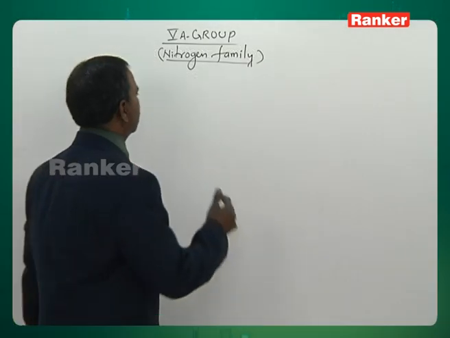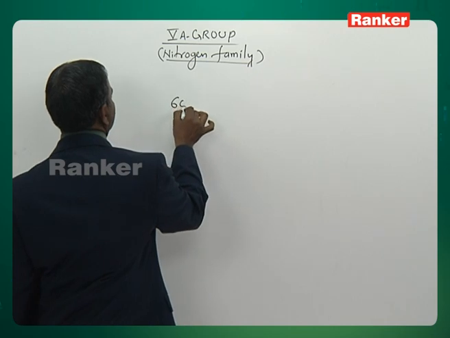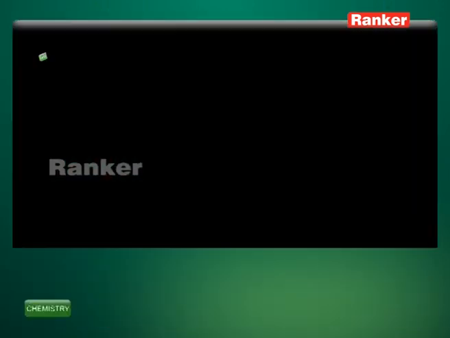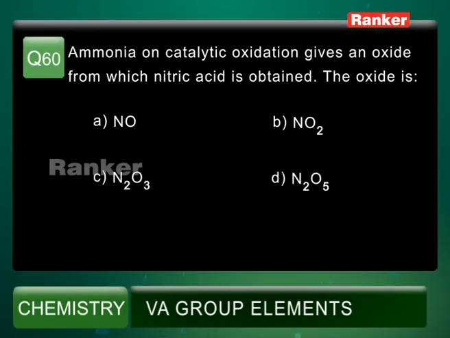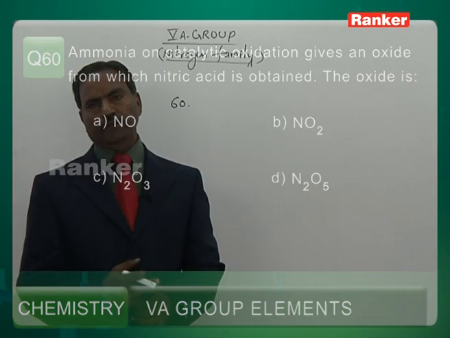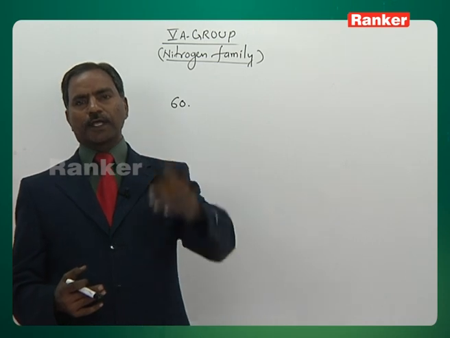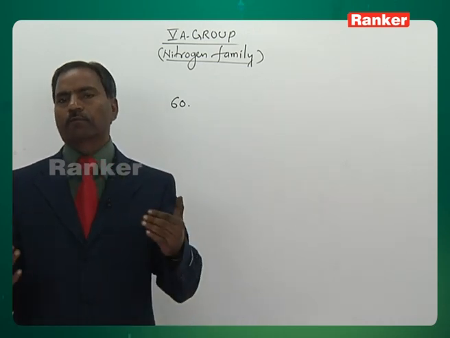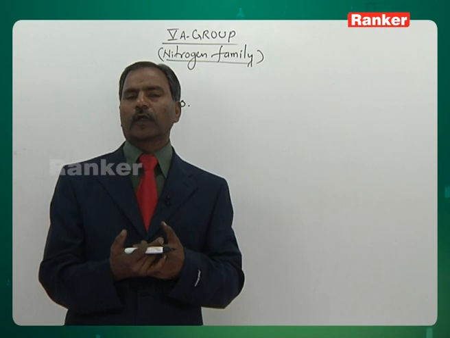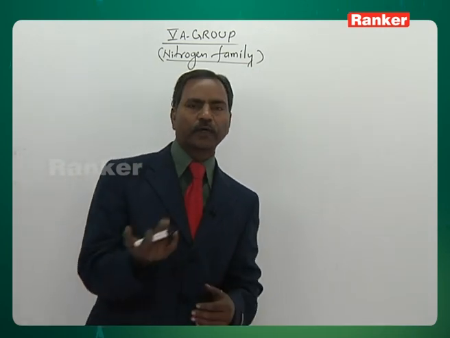Question number 60. Ammonia in catalytic oxidation gives an oxide from which nitric acid is obtained. The oxide is NO. Ammonia by catalytic oxidation, we are getting NO. The NO further oxidation and followed by reaction with water, you are getting nitric acid.